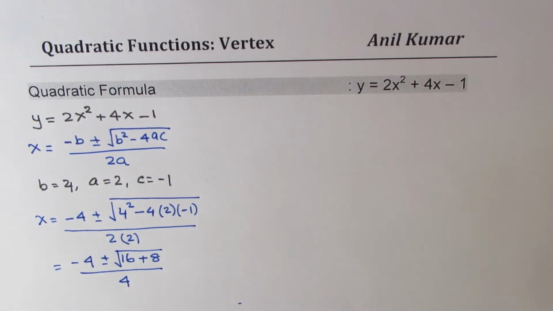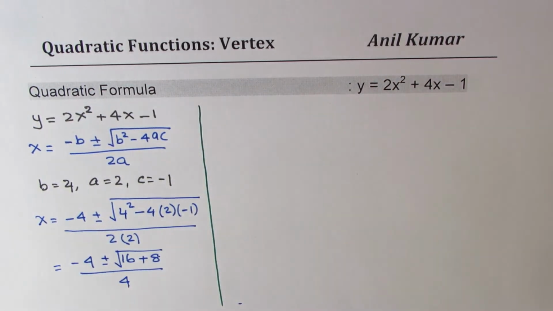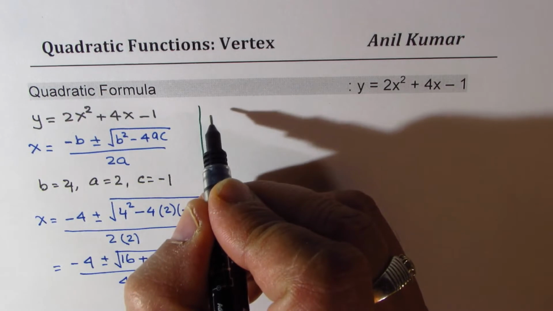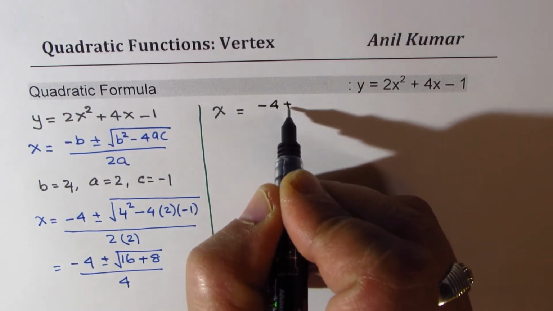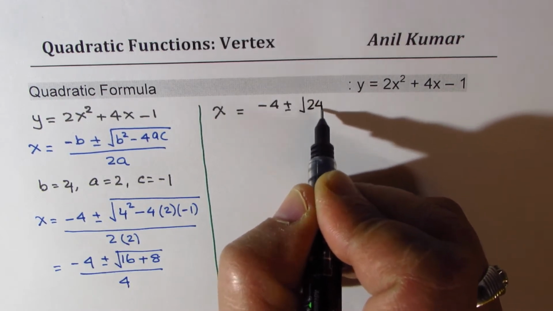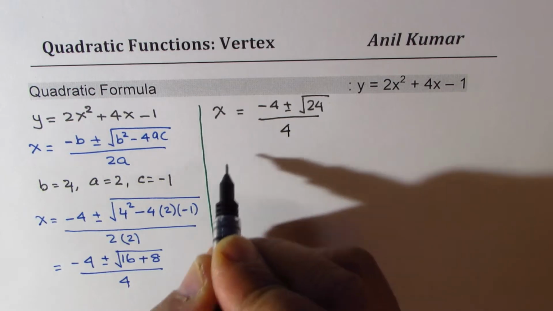Okay, so let's simplify this and rewrite. What we get here is the x-intercepts equal to minus 4 plus minus square root of 24, that is 16 plus 8, divided by 4.